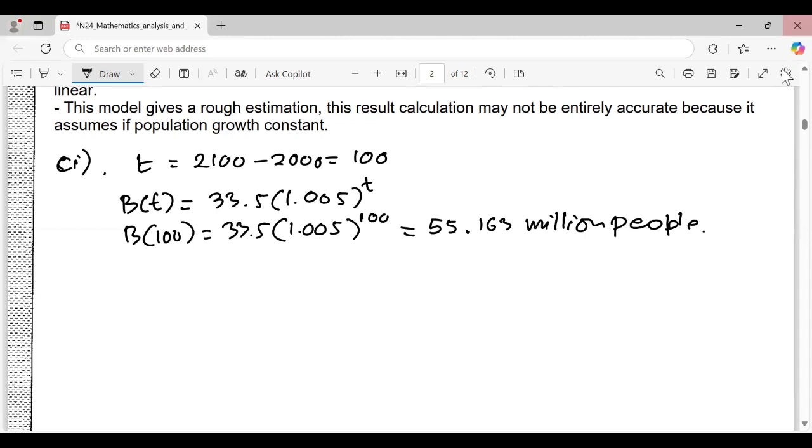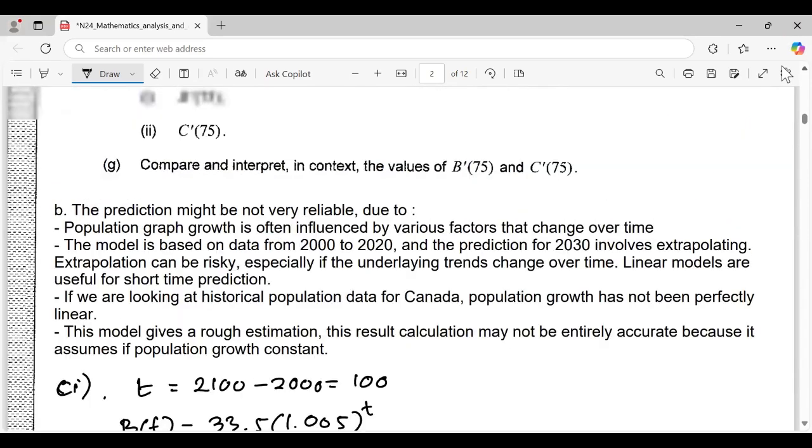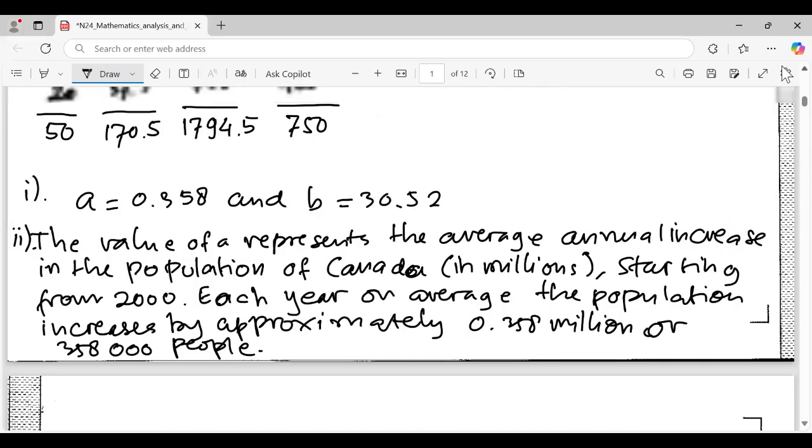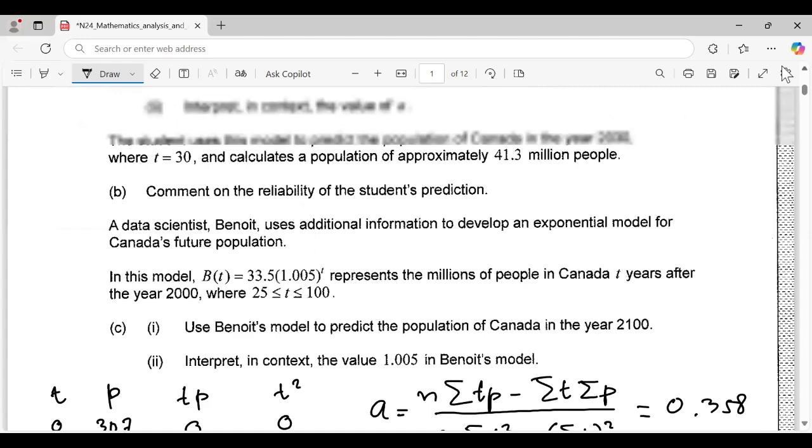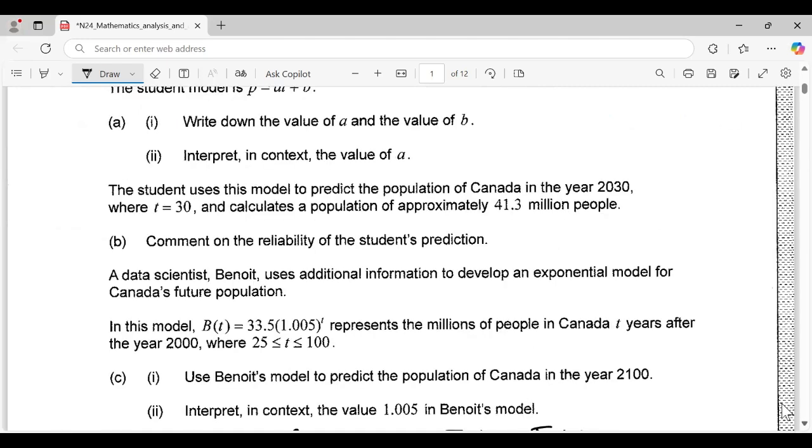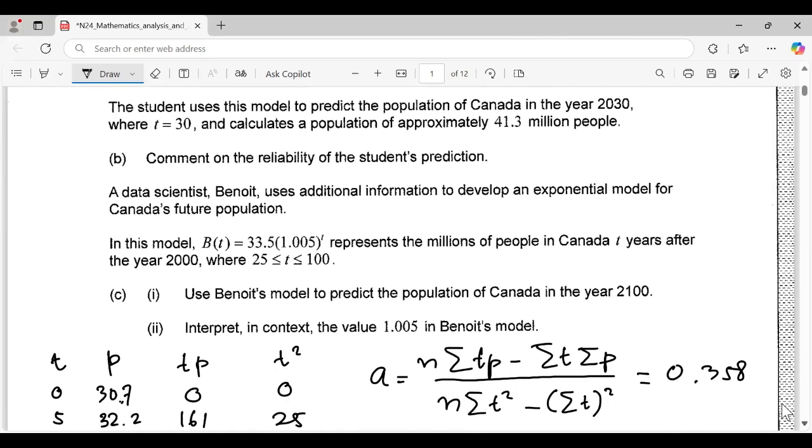Okay, what else? Next question, part two. Interpret in context the value of 1.005 in Benoit's model. Okay, the interpretation.